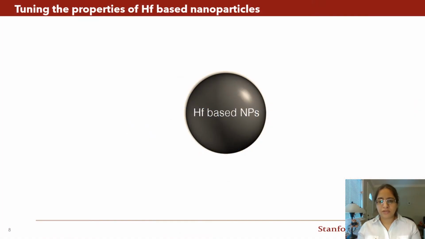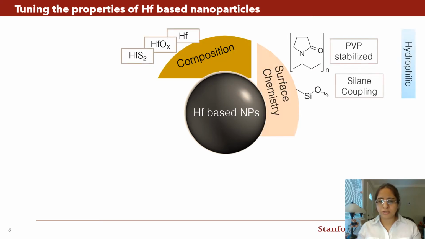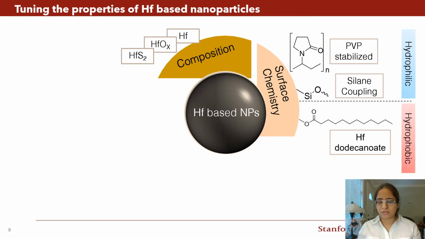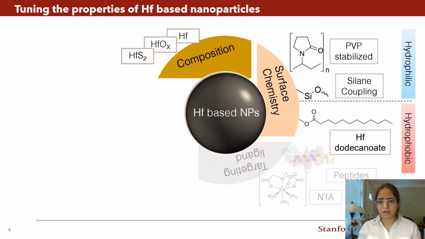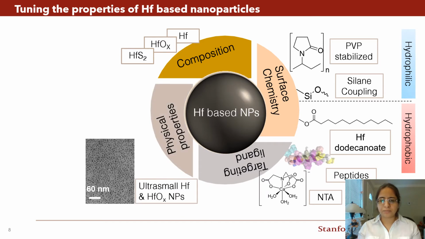Depending on the desired outcome, I modified these particles in terms of their composition, making them hafnium alone, hafnium oxide, or hafnium disulfide, changing their surface chemistry to tune their interaction with biological entities to make them hydrophilic to hydrophobic, and also playing with their targeting ligand.